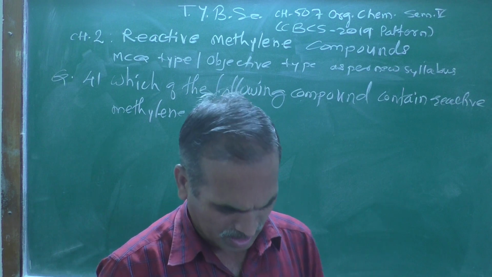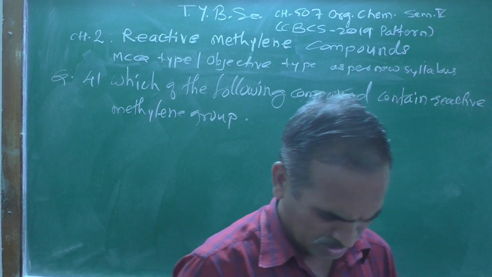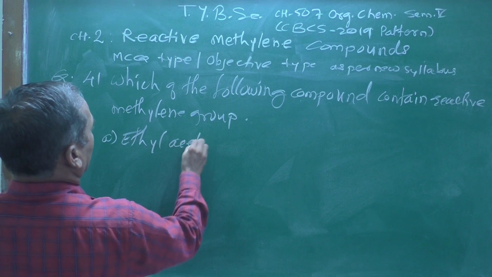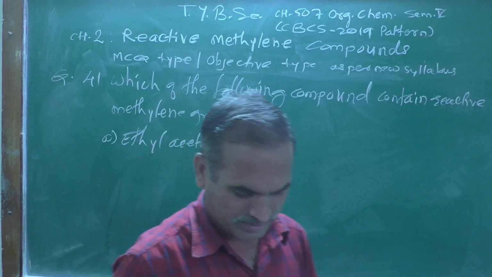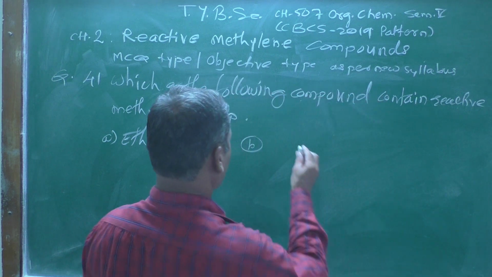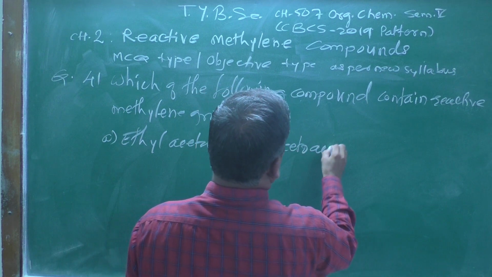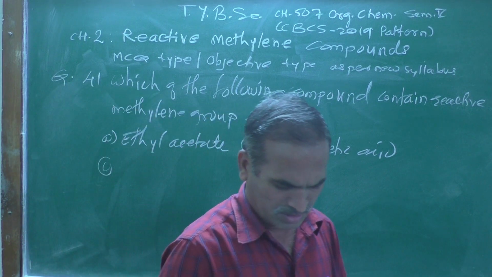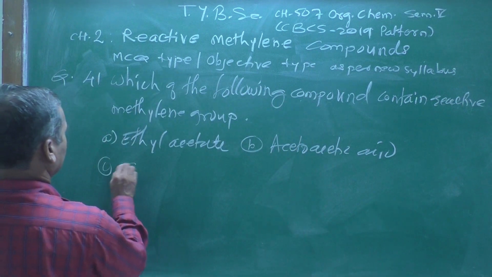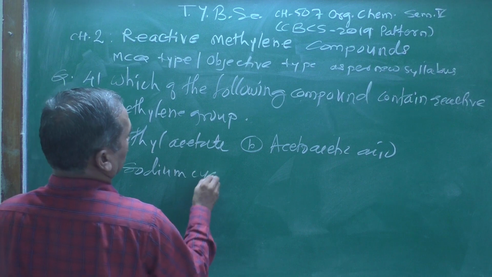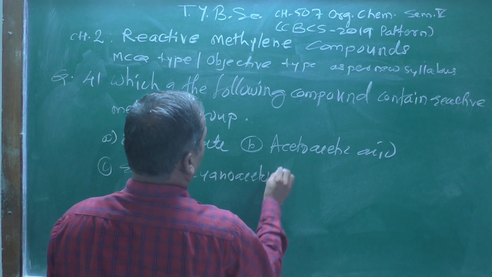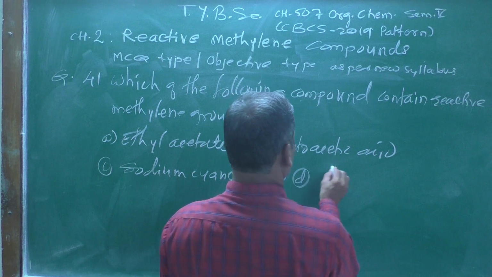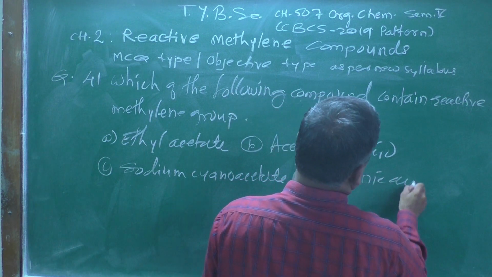The options are as follows. A is ethyl acetate, B would be acetoacetic acid, C would be sodium cyanoacetate, and D would be succinic acid.